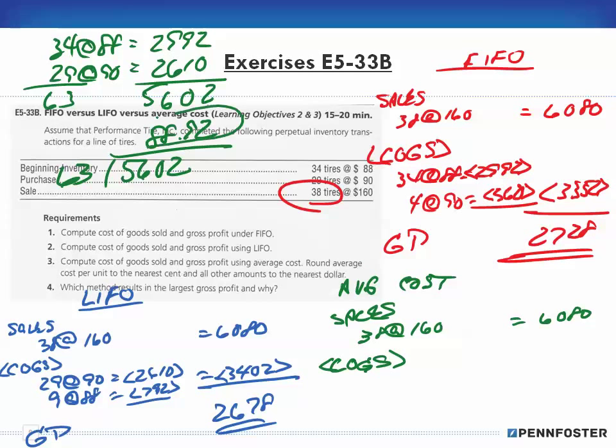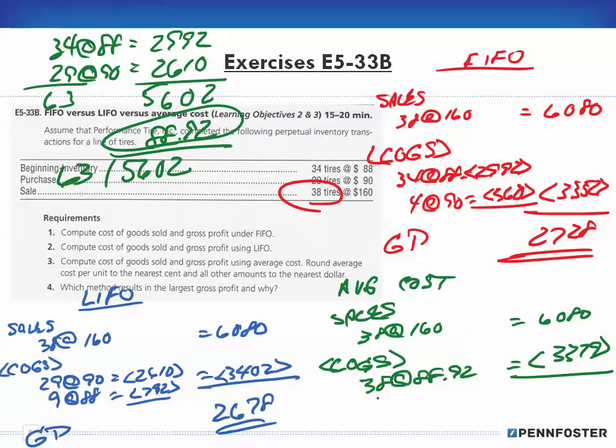Now I'm selling 38 of them, so I'm selling 38 at the average cost of $88.92. 88.92 times 38, rounded because the instructions tell us to round, gives me 3,379.